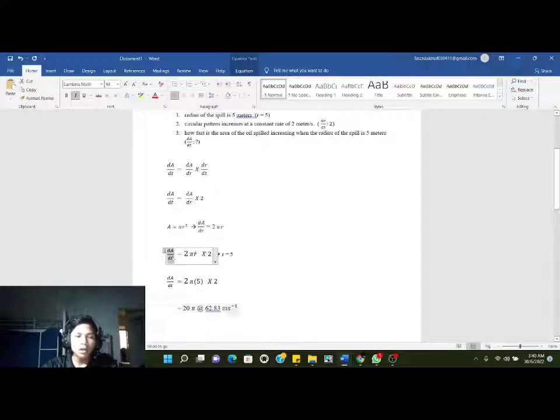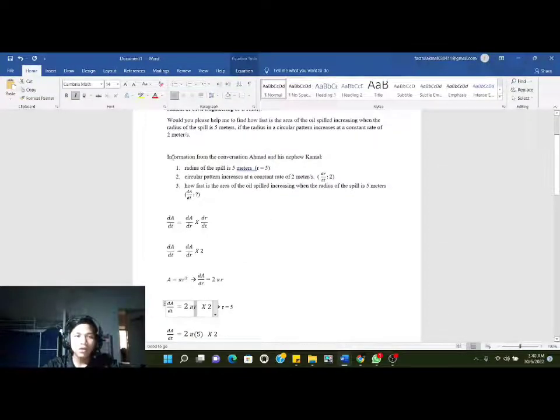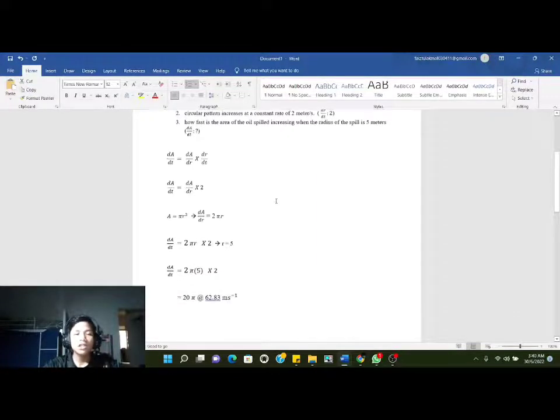But the problem here is we have a foreign variable, which is r, so we must replace r with its value. We have the information that r is equal to 5, so just replace r with 5.